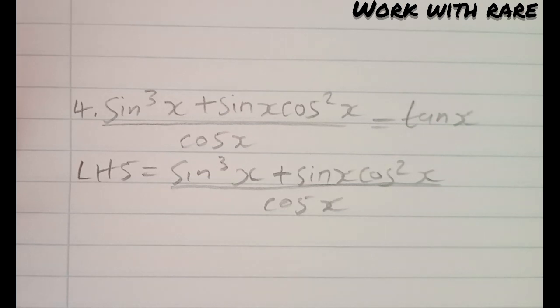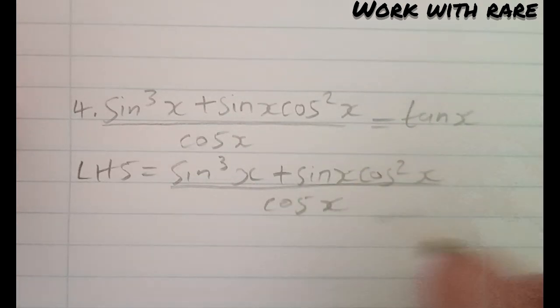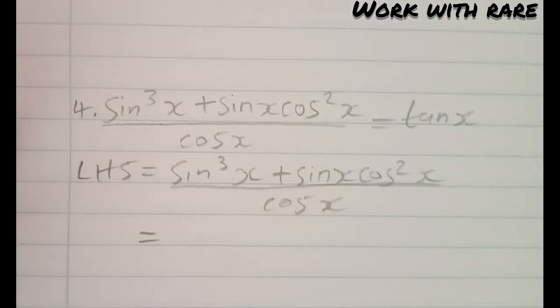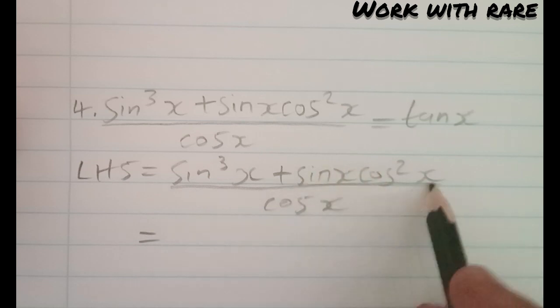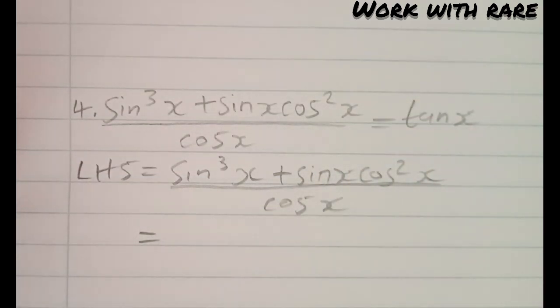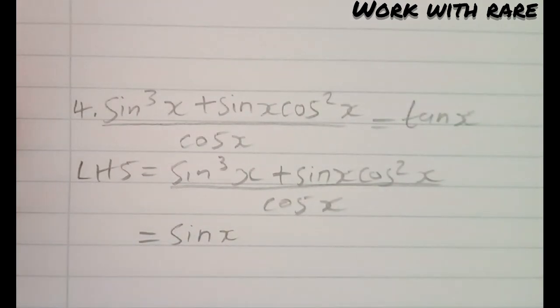Okay, so let's look at our numerator. If we look at our numerator, we can see that here we have sine x, and here we also have sine x. So sine x is common, you see. So sine x is our common factor.